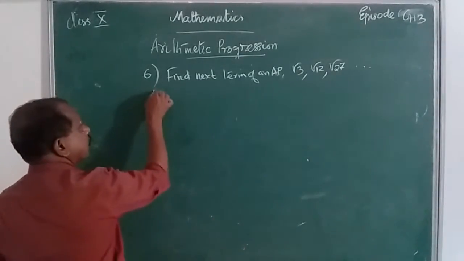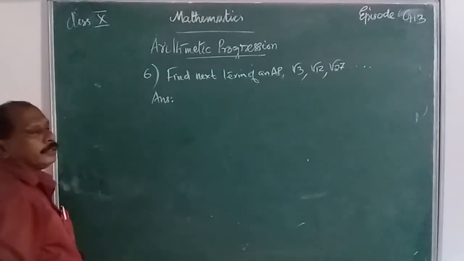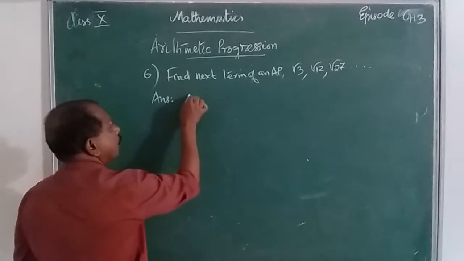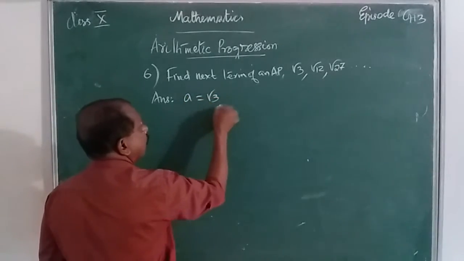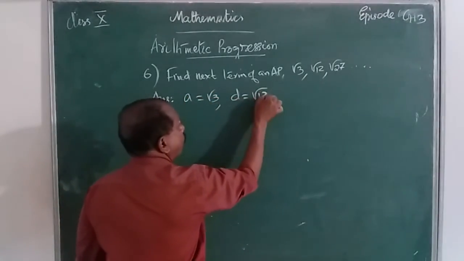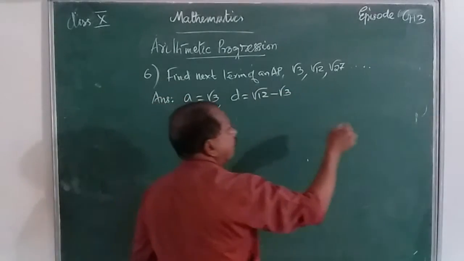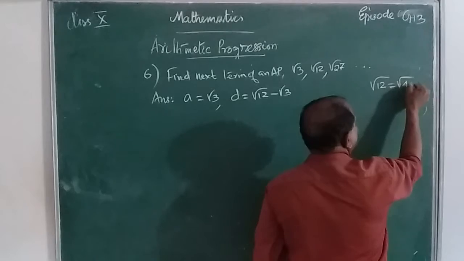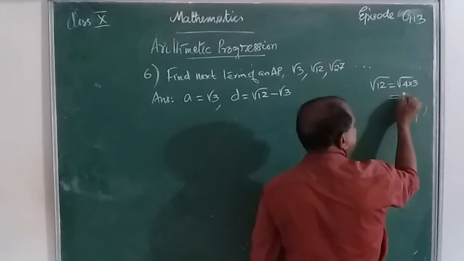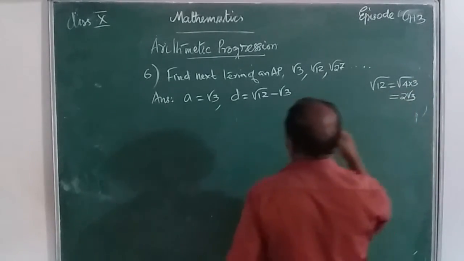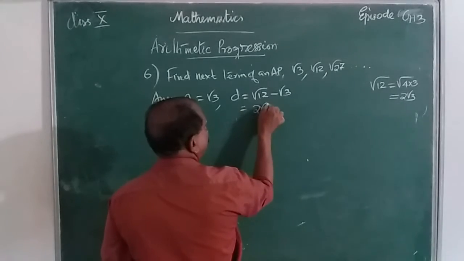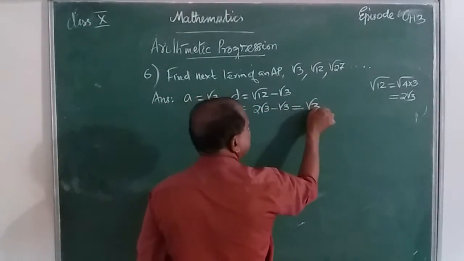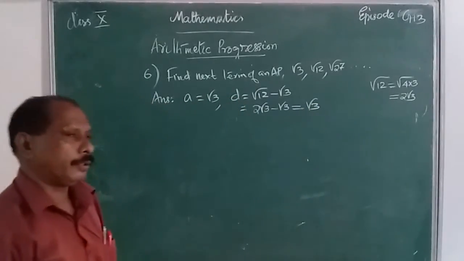Answer is, what is the first term? Root 3. They are irrational numbers, not rational. a is equal to root 3. d is equal to root 12 minus root 3. What is root 12? Root of 4 into 3, that is 2 root 3. Therefore, it is 2 root 3 minus root 3, 2 minus 1 is 1. That is root 3. That is the common difference.